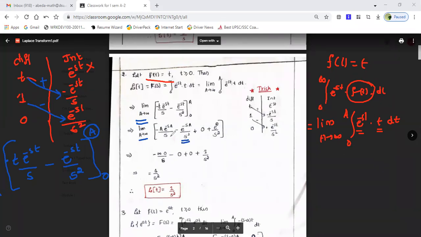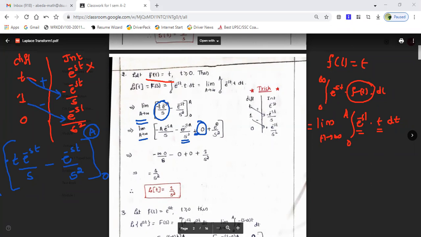Then minus lower limit. Since a minus sign is there, it will become minus of minus, plus. And since this t you have to put 0, so the whole term will become 0 here. Okay. Then again minus of minus plus, if I put t is equal to 0, then it is e to the power 0 upon s square.